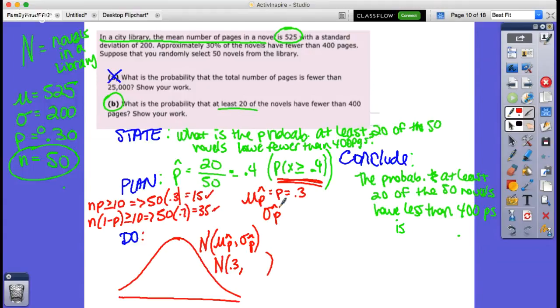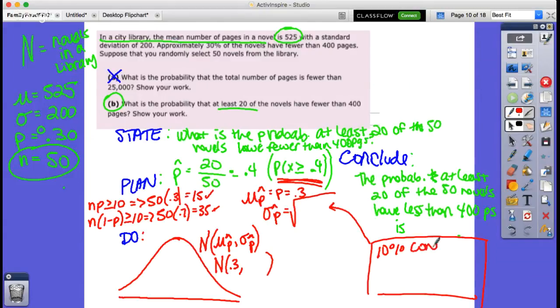In order to show this, though, I can't just show it. I've got to, and I'll just put it down in this corner, but really if I had room, come back to this. In order to use my formula, I've got to show my 10% condition, which states that little n is less than or equal to 1/10 of my big N. Well, big N is all novels in the library, and 1/10 of that surely will be greater than or equal to 50.